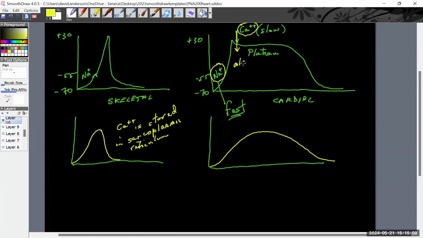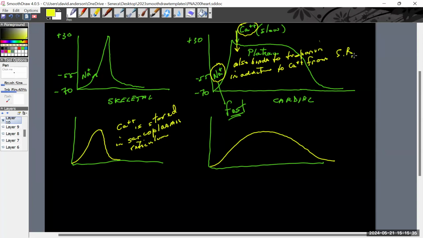It also binds to troponin, in addition to the calcium from the sarcoplasmic reticulum.